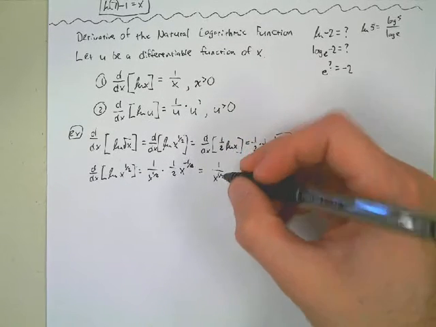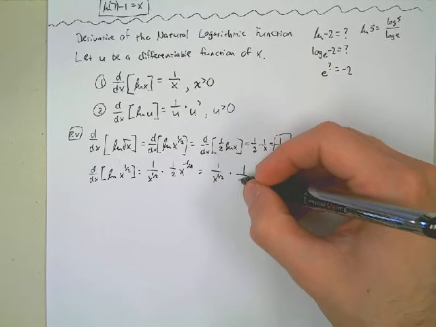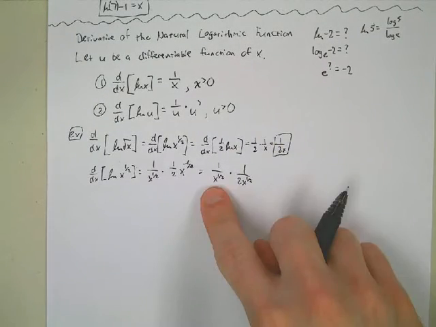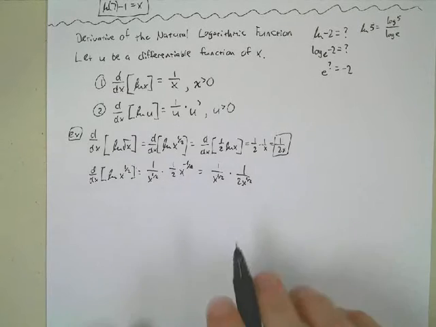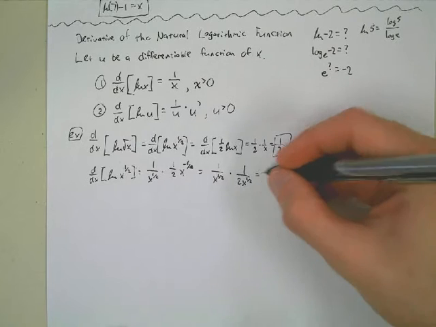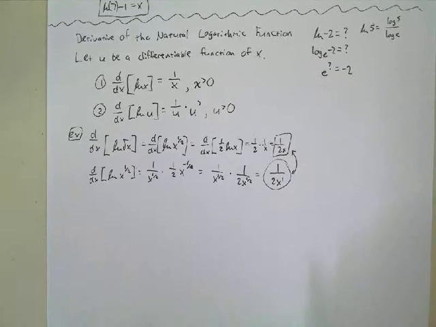So it's going to be 1 over 2 x to the 1/2 times x to the 1/2. What do you do when you multiply? You add exponents. So what's 1/2 plus 1/2? It's 1. So it becomes 1 over 2 x to the 1, which is exactly what we have right up there. Questions? Let's do another.